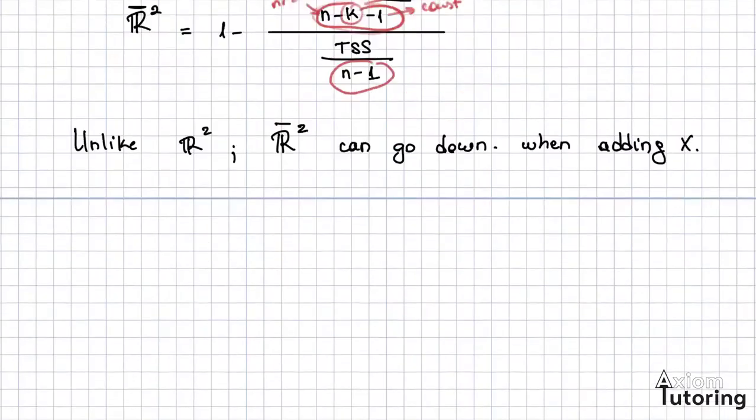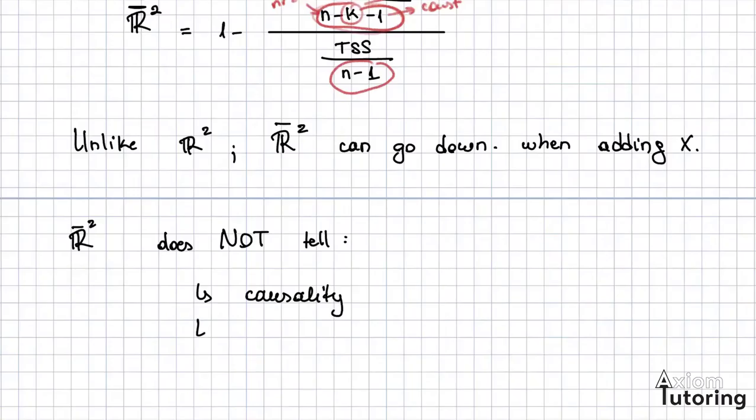Now, just the same way that there were things R squared was not telling us, there are also things that the adjusted R squared does not tell us. Those include the same as R squared: it does not tell us that the model is causal, so it does not tell us causality.